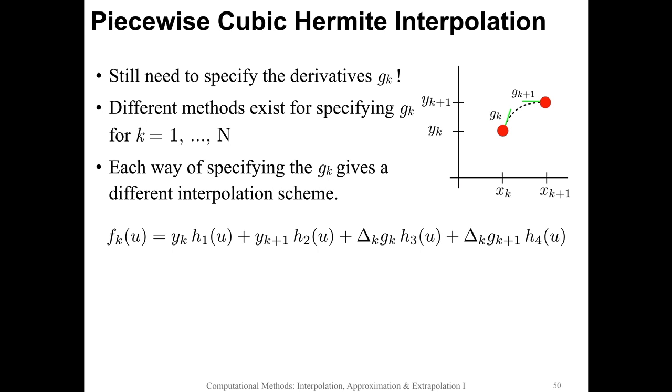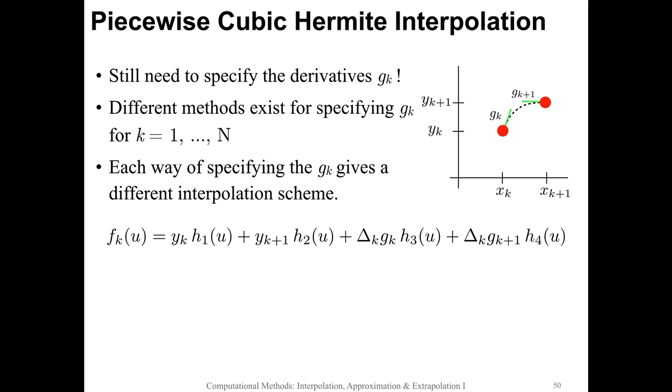So that's all very good, but what we still need is some way of defining or deciding on what the gradients should be at the beginning and the end of the interval. And there are lots of different ways that we can use to specify our gradients for each of our knot points, going from k equals 1 up to k equals n. And each way that we use to specify a gradient actually gives us a different interpolation scheme.